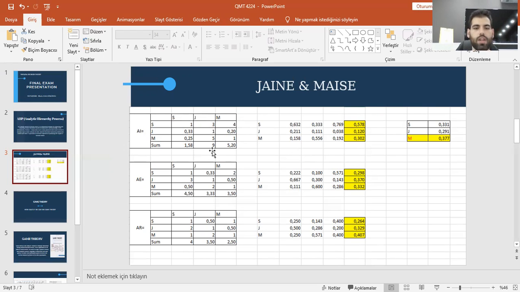When we calculate by multiplying and dividing, we achieve a summary of 5.20. When we check the others, we also add them and multiply. We use the same system and methodology, and for the other matrices we do the same things, adding and multiplying.